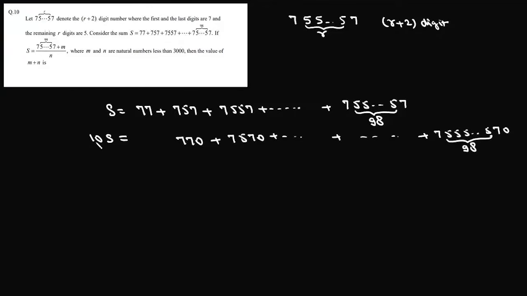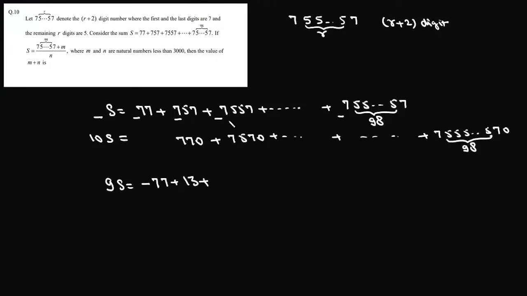Now what we'll do is we'll subtract the first from the second. Now 10s minus s is basically 9s. Now this is minus 77. Now 770 minus 757, essentially this is 70 minus 57, so it will be 13.